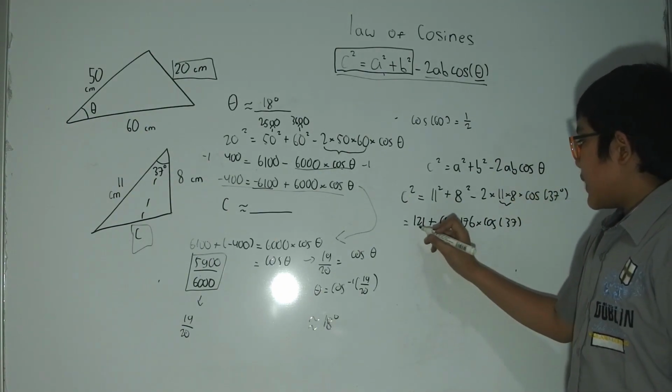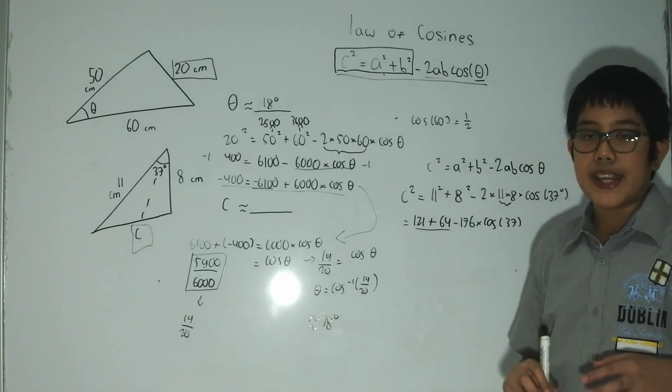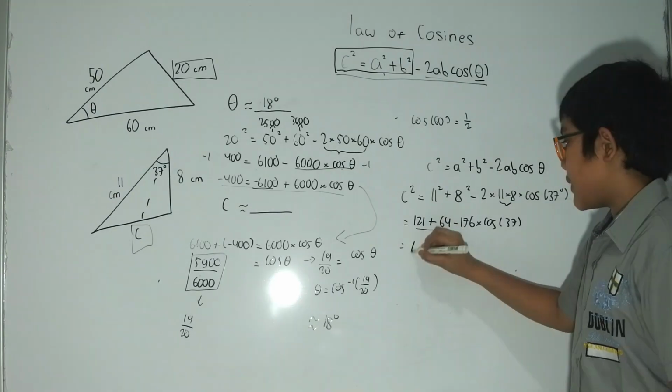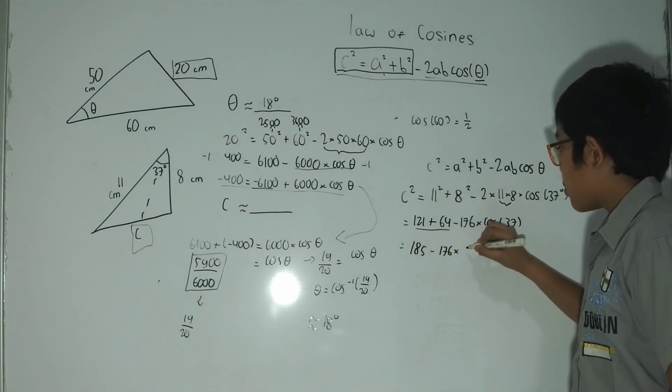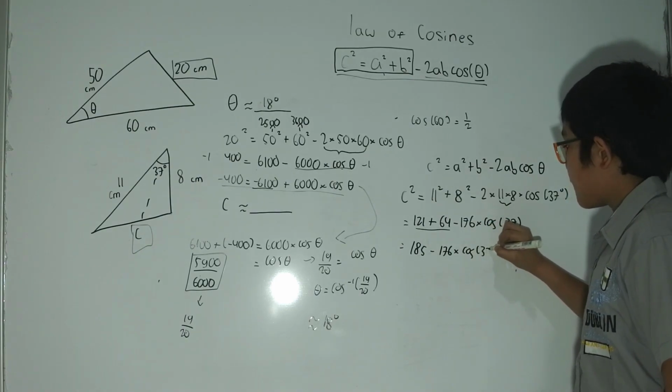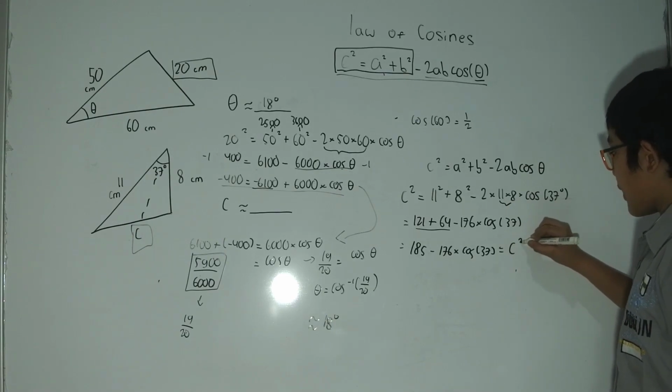So, what is 121 plus 64? Well, that's going to be 185. It's equal to 185 minus 176 times cosine of 37. So all of this is going to be equal to C squared.